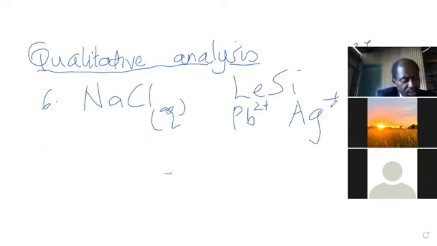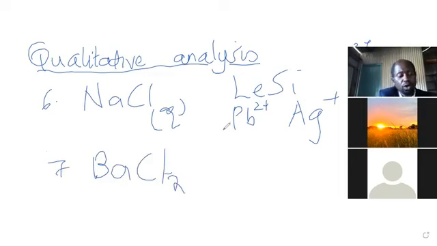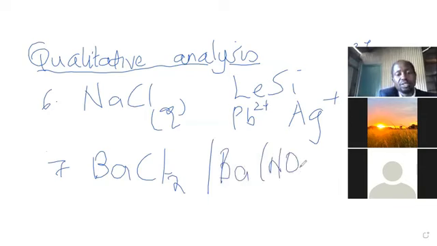Now the next tests are normally for the anions. Barium chloride or barium nitrate can be followed by HCl or just on its own.